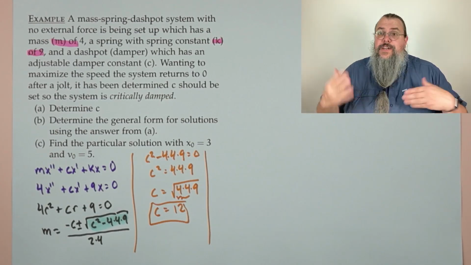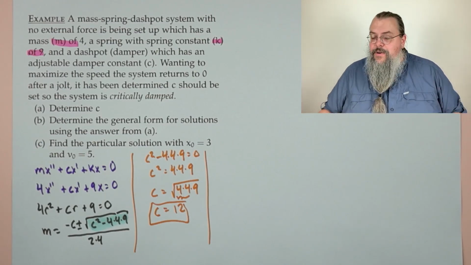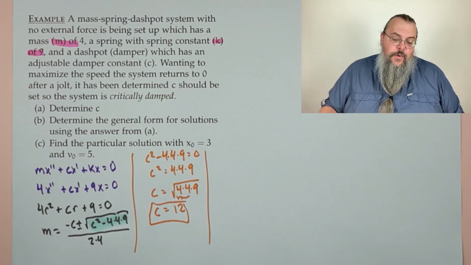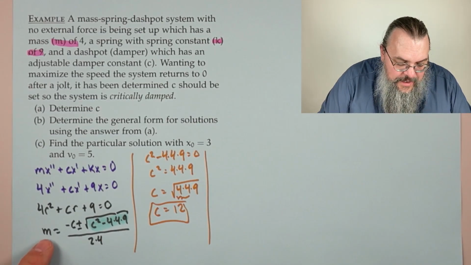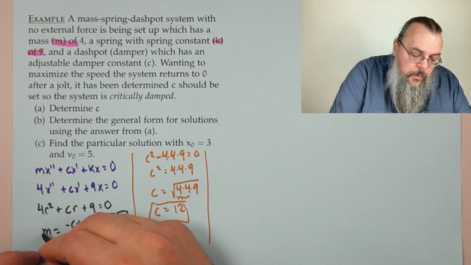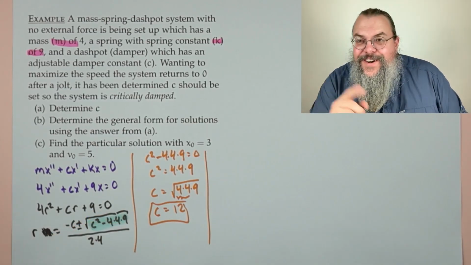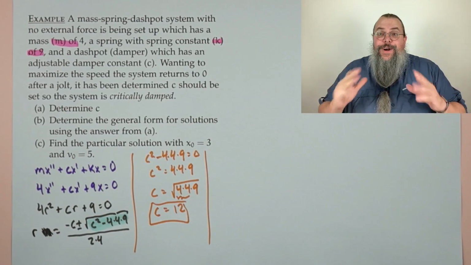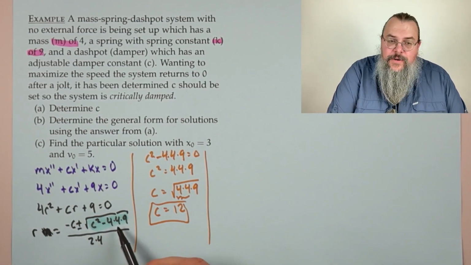Now, do we need to restart? No. Actually, we just keep going. We say, well, great news. We already, no, whoops. Why did I put an M over there? That's an R. Sorry about that. We already know what the roots look like. This part's going away.